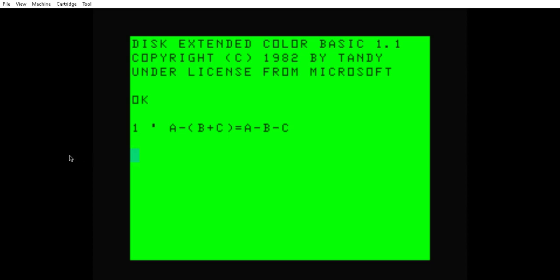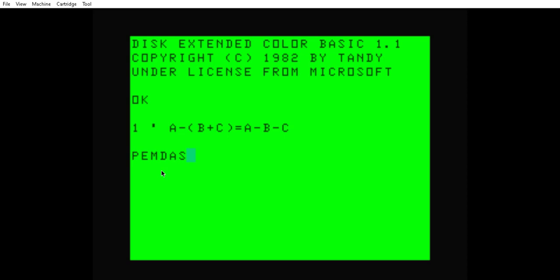So if we need to evaluate an expression in math, we use what's called PEMDAS, and that's just an acronym for the order of operations in math.